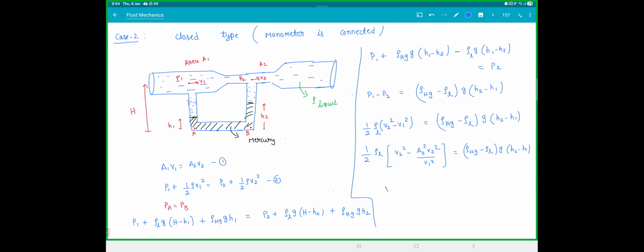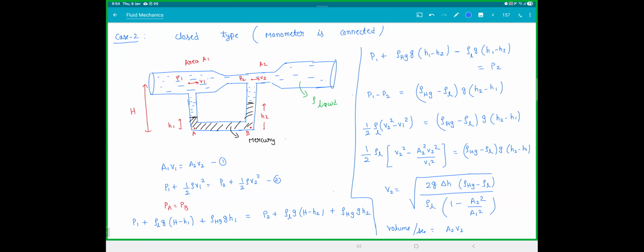Simplify all this, you'll end up with V2 equal to root over 2 G delta H (rho mercury minus rho liquid) by rho liquid, divided by (1 minus A2 square by A1 square). That's your velocity V2. And what is the volume flow per second? A2 V2.